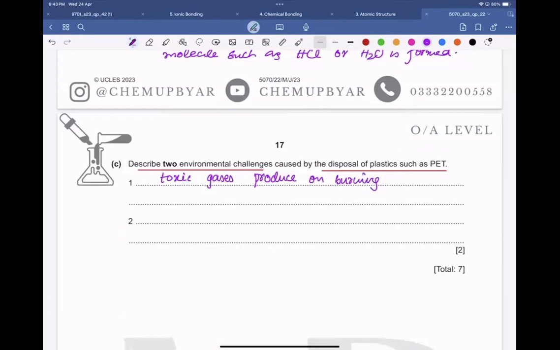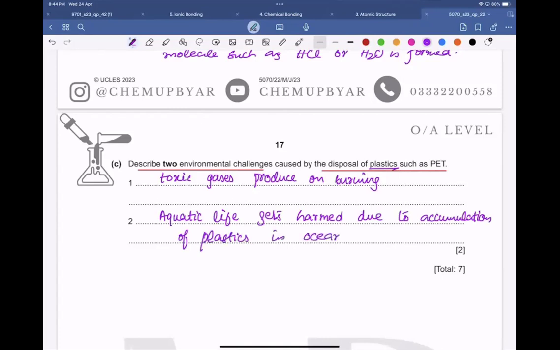Yeah, the aquatic life is harmed due to the accumulation in ocean. You can write that one as well. Aquatic life gets harmed due to accumulation of plastics in ocean. Yeah, that can be an answer as well, Shamir, because landfill sites may fill up, so we need more landfill sites.